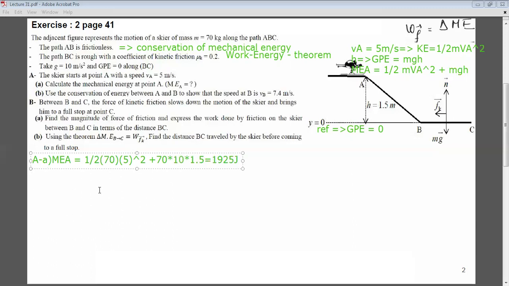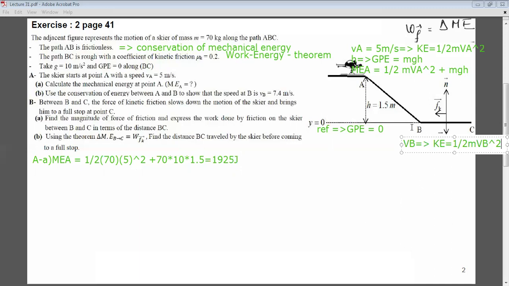Use the conservation of energy between A and B to show that the speed at B is VB equals 7.4. So at B, what is happening? At B, this skier is coming down, down, down, speeding up until he reaches point B, right? So he has VB. So at B, there is VB, which implies there is kinetic energy, which is half mVB squared.